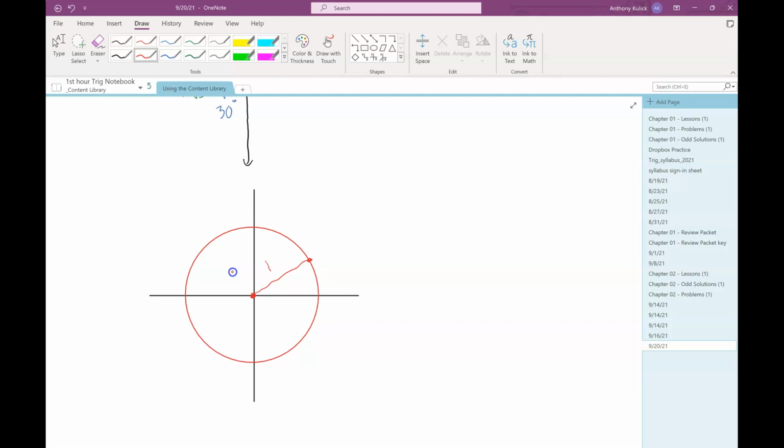We're going to fix that distance. And as we rotate that point along, the shape that it's going to make is going to be a circle, right? If we have a point with a fixed distance from the origin, and we rotate that point, it's just going to make a circle. Everybody's okay with that idea? Because the radius of this circle is 1, we're going to call this a unit circle.